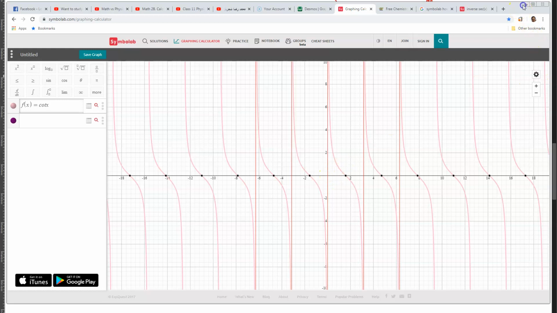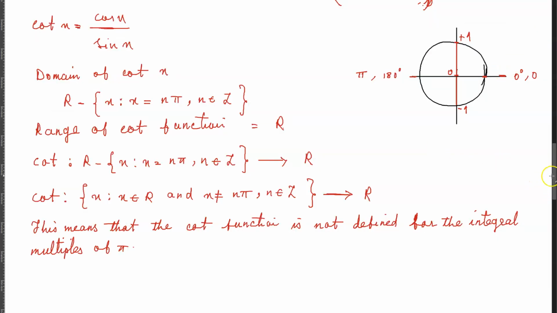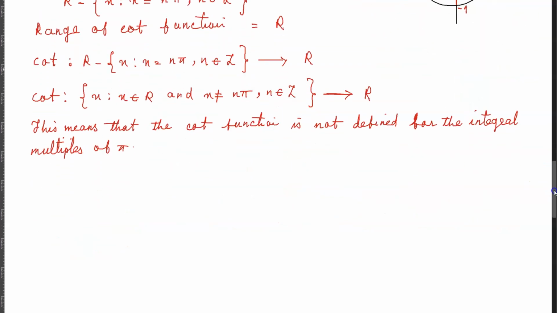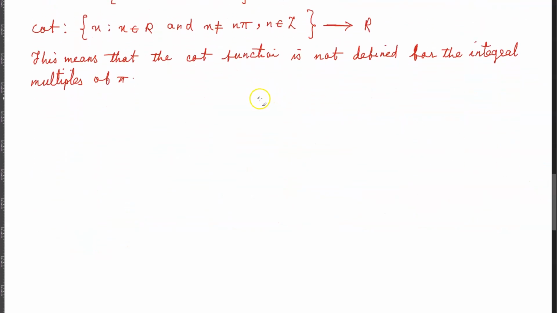When you talk about an onto function, an onto function is the kind of function where every member of the codomain is covered.